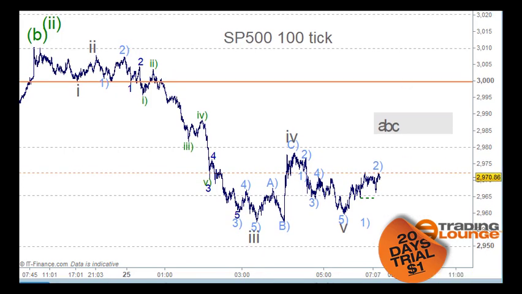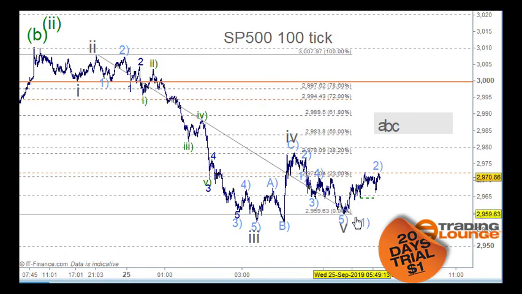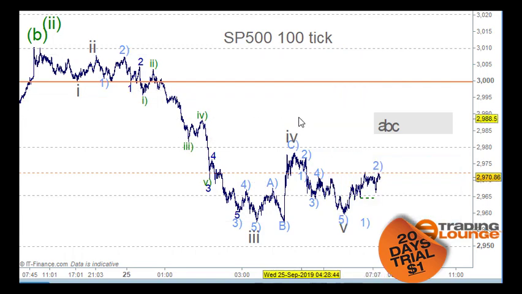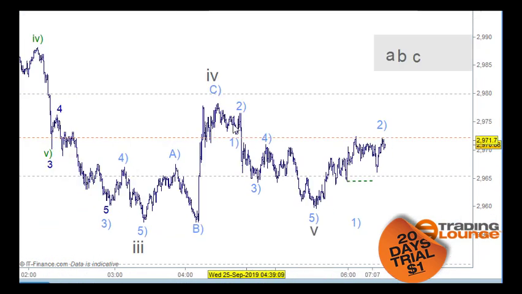And wave 4 fits quite nicely from the wave 2 high here to wave 3. So it comes in at the 38.2% quite nicely here. So that does that nicely. The only thing I don't like about this is that the wave 5 here hasn't made a new low below wave 3 here.